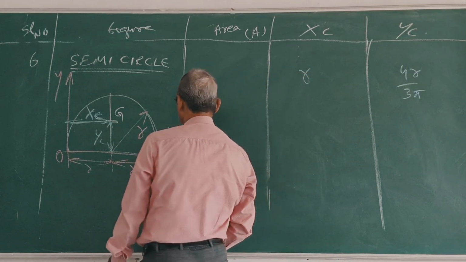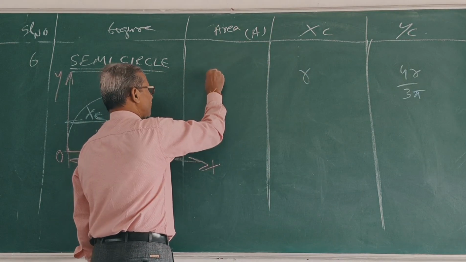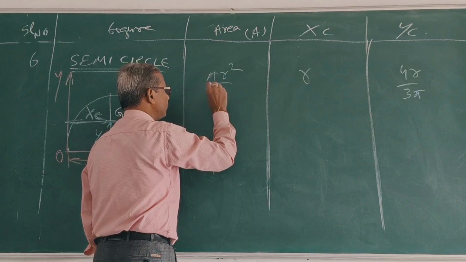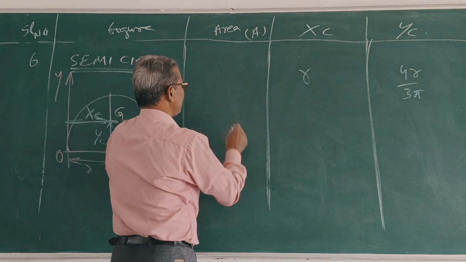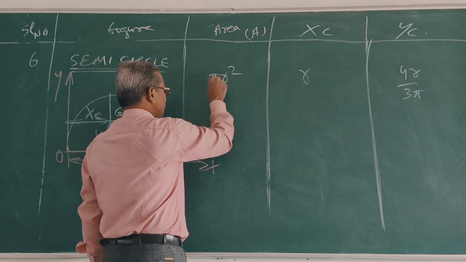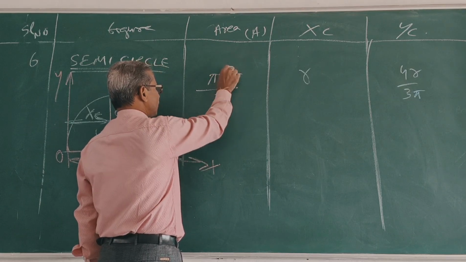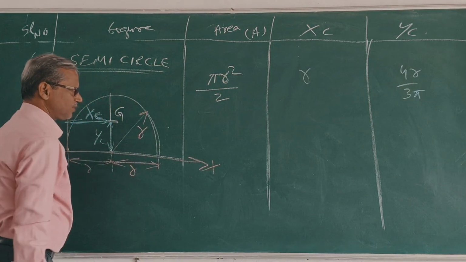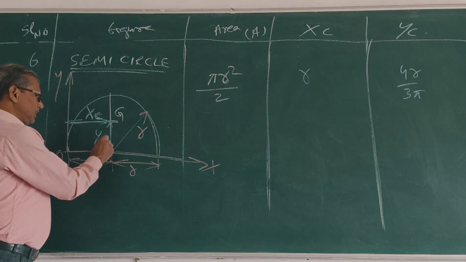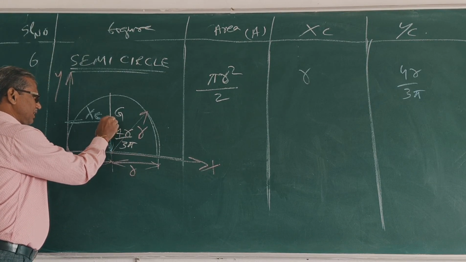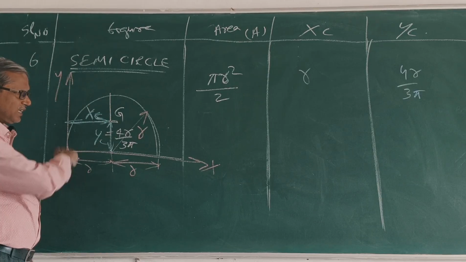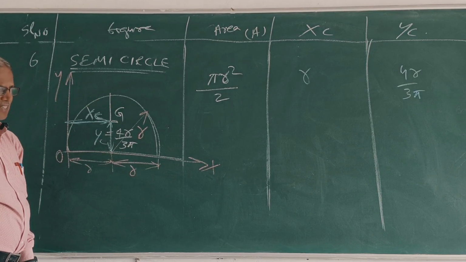Half of pi r square, which is pi r square by 2. What is pi r square? The area of the circle. So for the semicircle it is divided by 2. Clear? Its length is 4r by 3 pi. This is xc, yc. What is the area? Pi r square by 2.